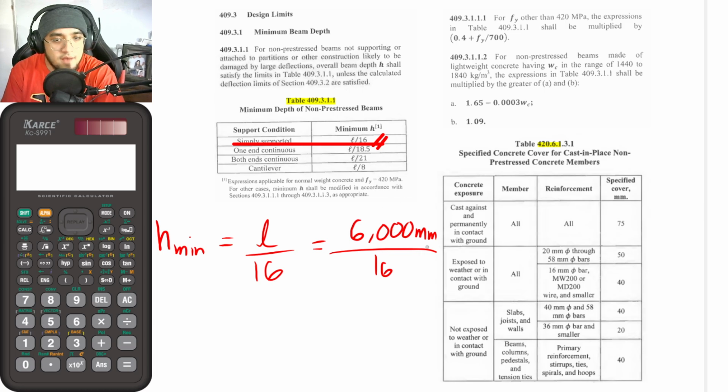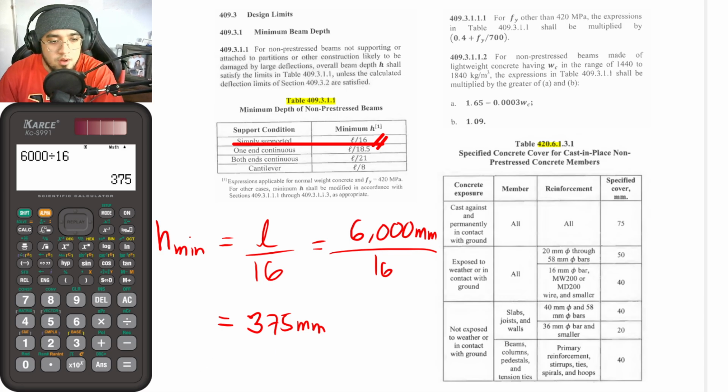But since I have converted, looking at the calculator, 6,000 divided by 16 is now equal to 375 mm.